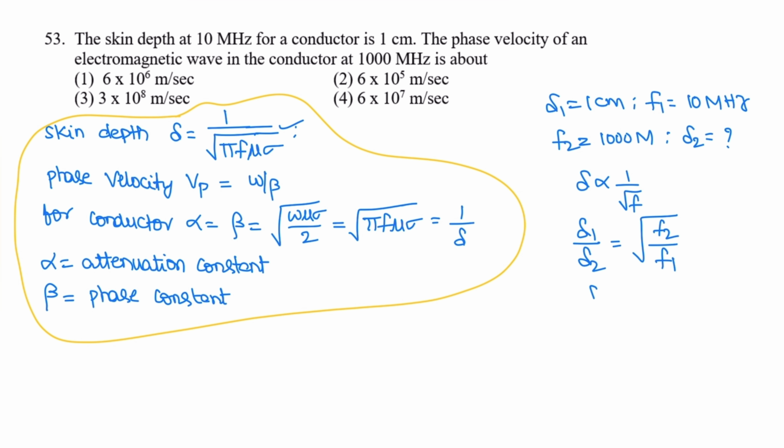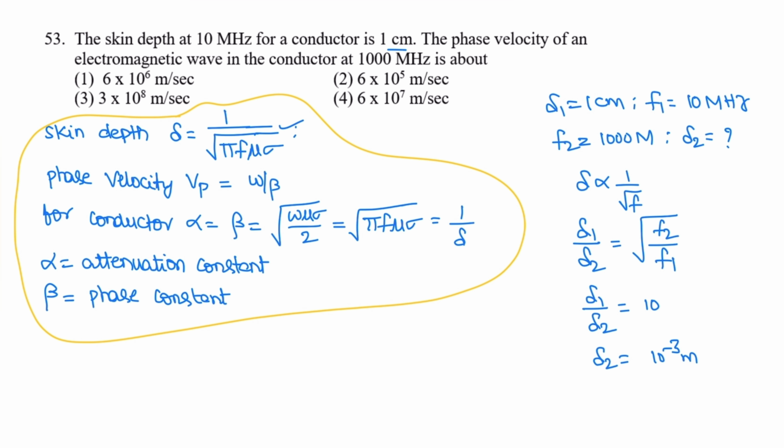So delta 1 by delta 2 is square root of 1000 megahertz by 10 megahertz, square root of 100, so its value is 10. As we know delta 1 is 1 centimeter, delta 2 is 1 tenth of 1 centimeter, which is 10 power minus 3 meters.